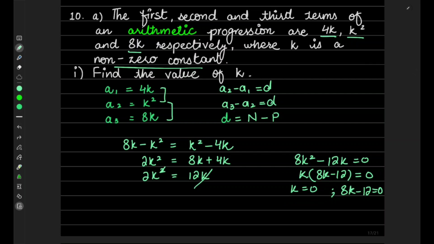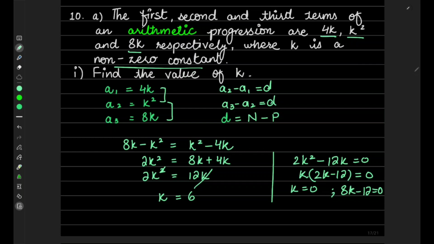So we can be cancelling that on both sides, and we will be left with k equals to 6. Sorry, I took 2 here, it must be 2k.